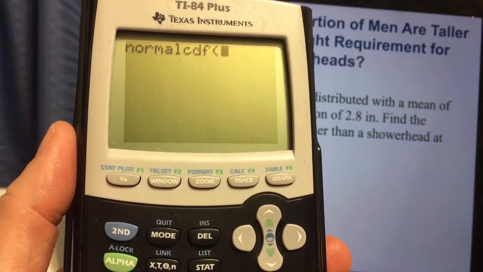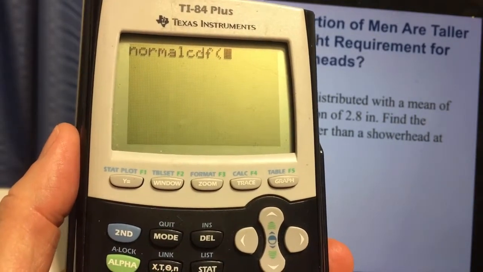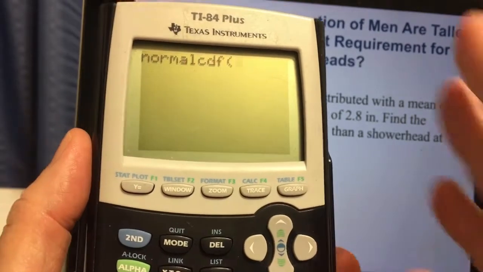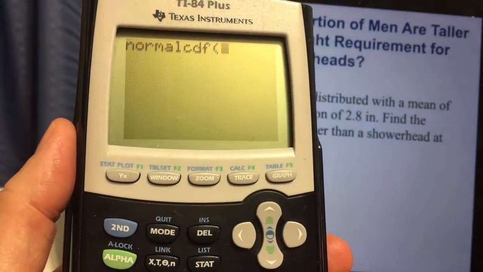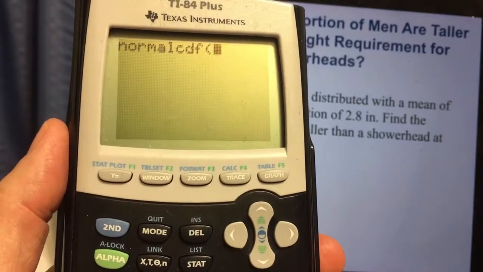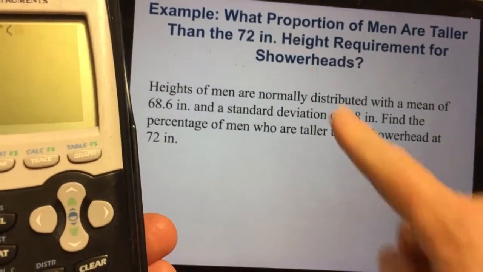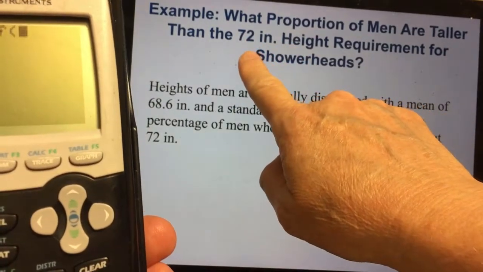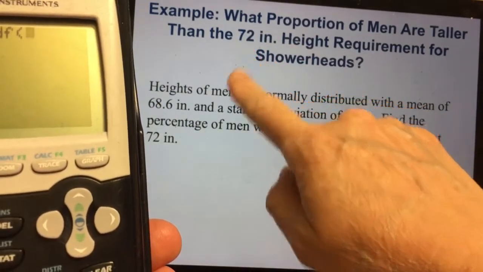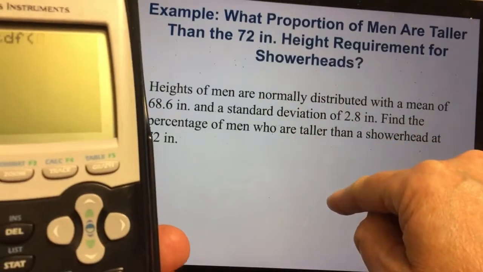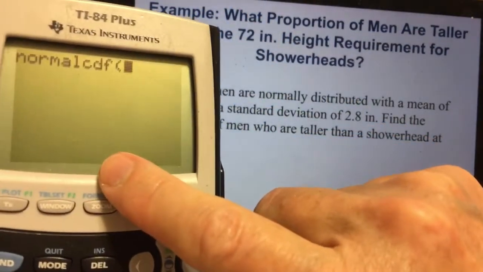Mine does not. So what I'm going to do is tell my calculator that I want to go from way to the left to the point that we're describing. In ours, when we're using normal, we're going back to the 72 as being the point we're going to. We don't have to turn it into a z-score when we're using our normal CDF.